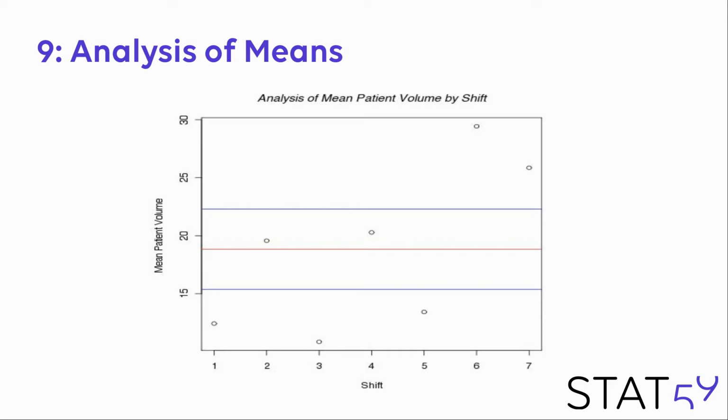And here the control bars are for the mean patient volume, which says that we should expect, if the process was equally distributed, if the distribution of the number of patients per shift was actually equal, we should see all of the points within the 2 blue bars. And here we don't, so we know that our process is not in control.